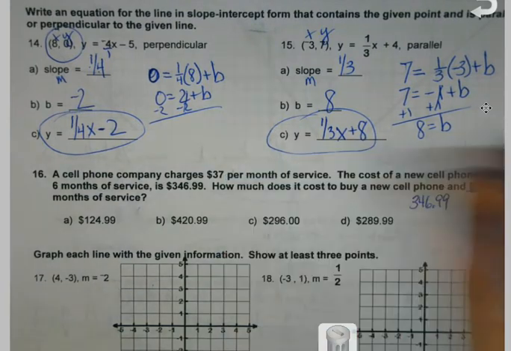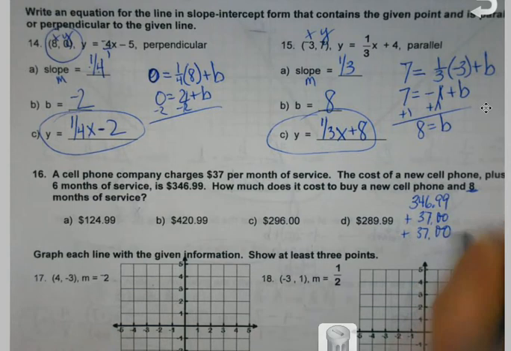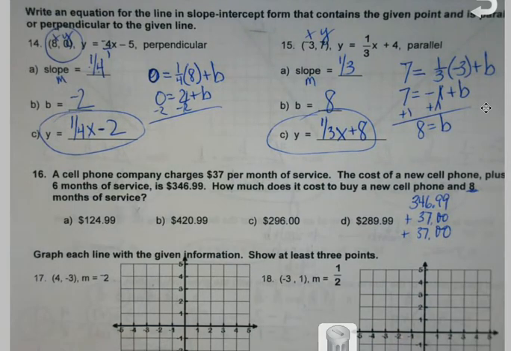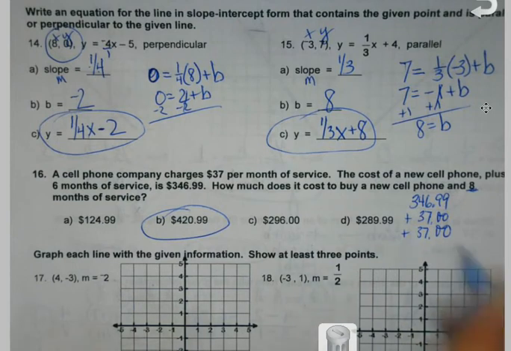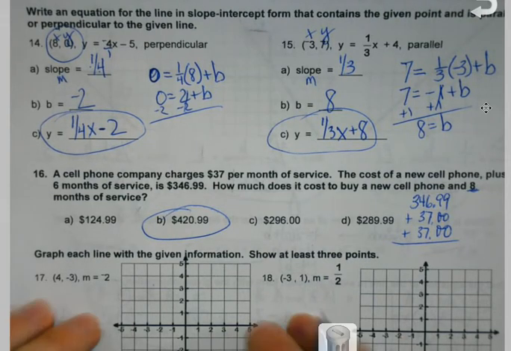Okay. So I need 2 more 37s. Add those on. And that's what they're going to add up to. Okay, so just read carefully. Don't just think, oh, it's going to be 3 months. Oh, no, that's not right. Just a little common sense will do it for you every time.